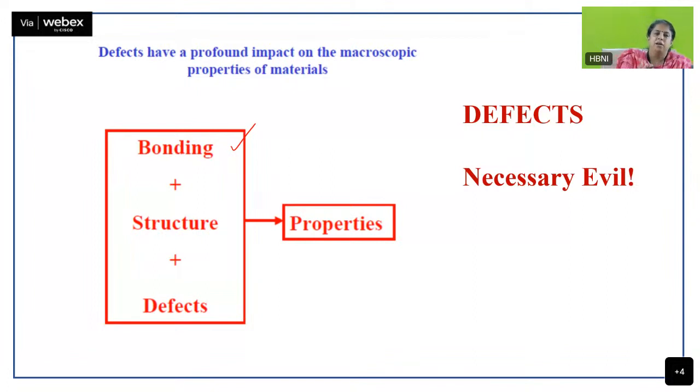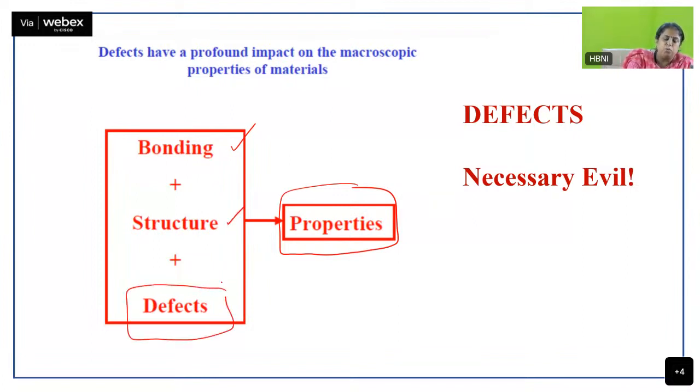But still, for the sake of naming, the macroscopic property, the property that you can see the material exhibit, depends upon the bonding, its structure, and other than these two, the defects present in that particular material. Honestly, sometimes you need the defect to show the property.